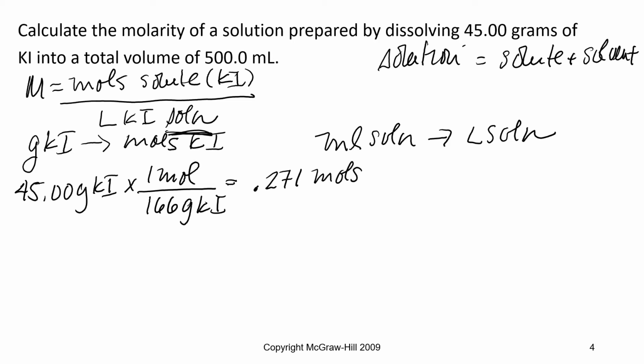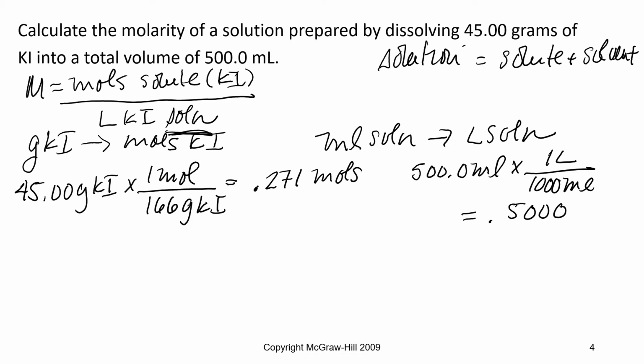And we want a total volume of 500 mL. But we need to convert that to liters. So for 1,000 mL in 1 liter, we have 0.5000 liters of solution.